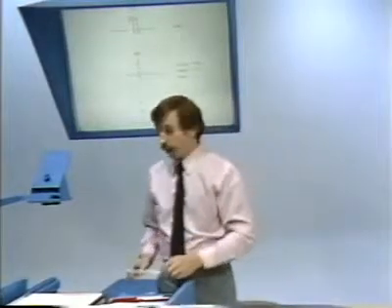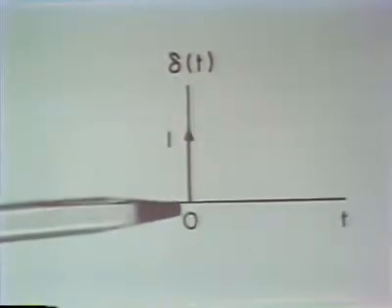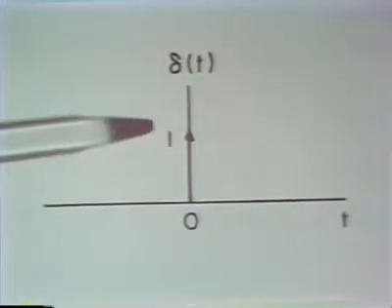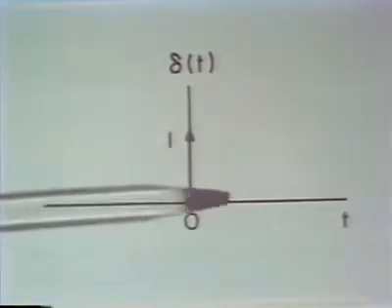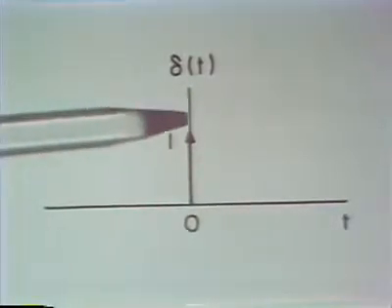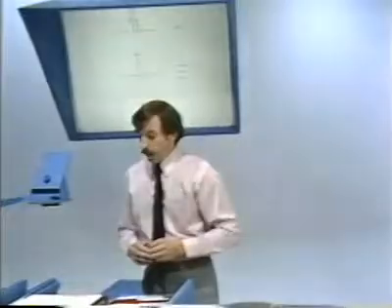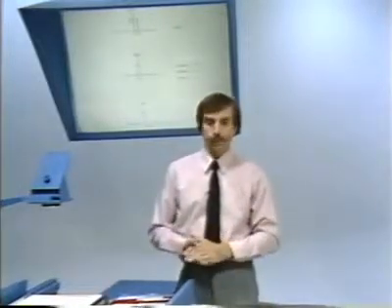And graphically, we choose to depict that as an arrow, where the arrow indicates the fact that we have an impulse occurring at t equals 0, and the height of the impulse is used to represent what the area of the impulse is. And in this case, since we took the derivative of a unit step, the height is equal to 1. So the impulse has 0 width, infinite height, area 1.